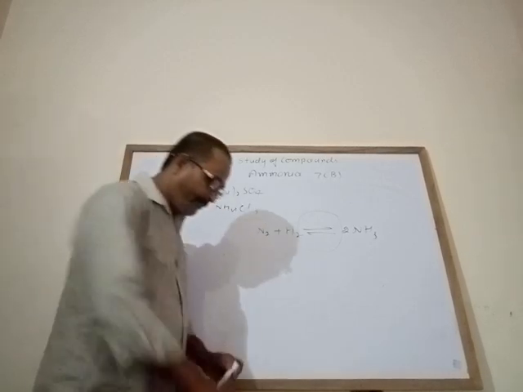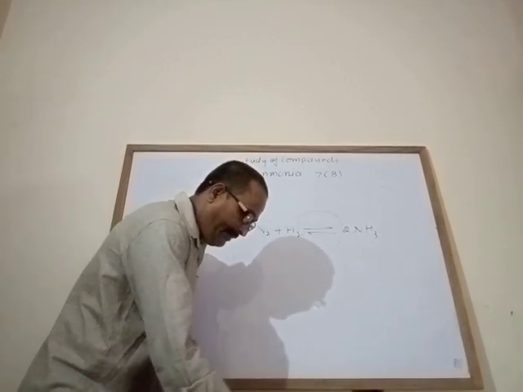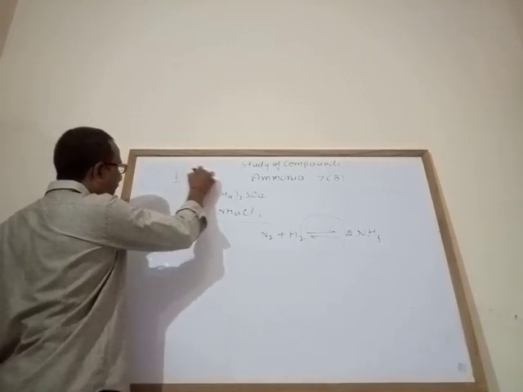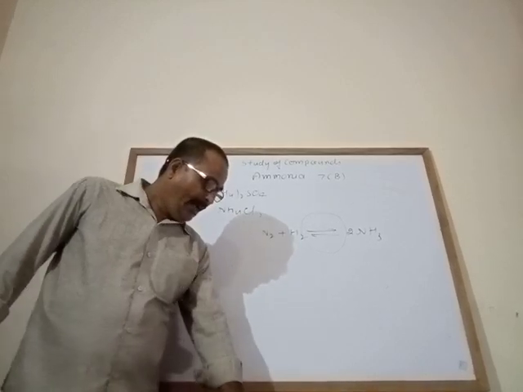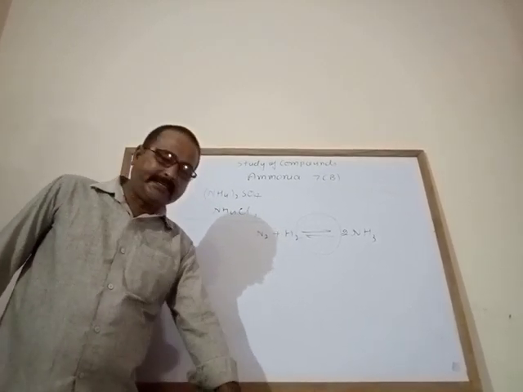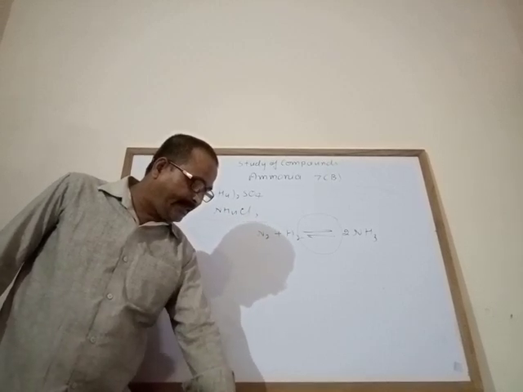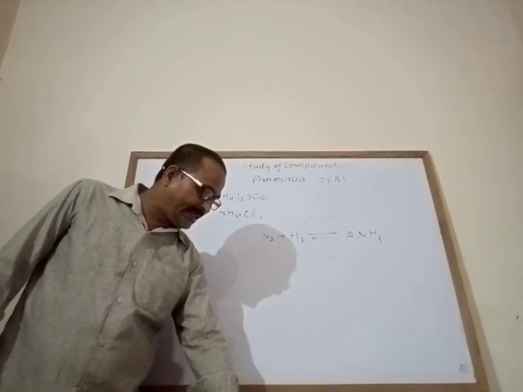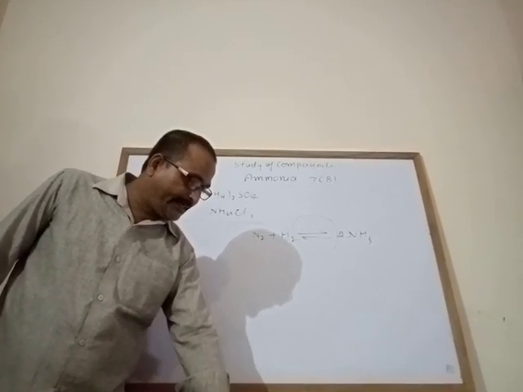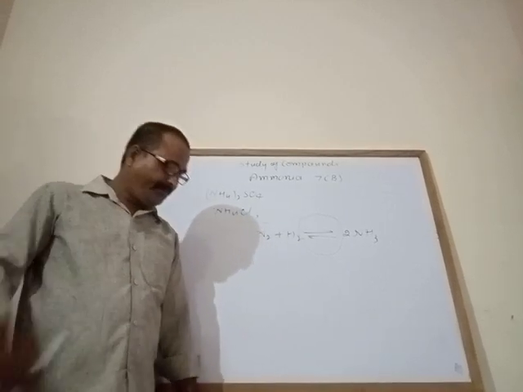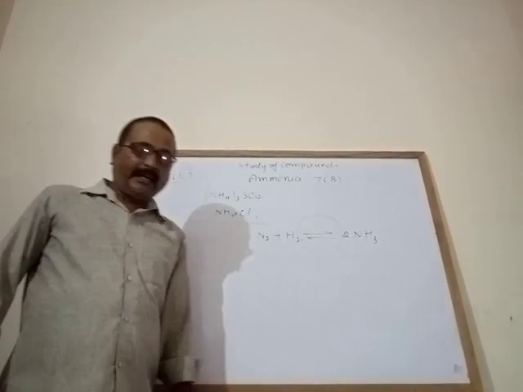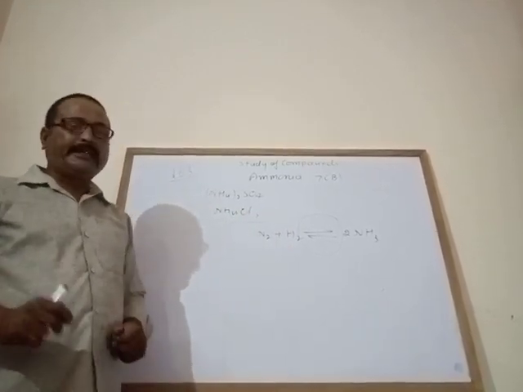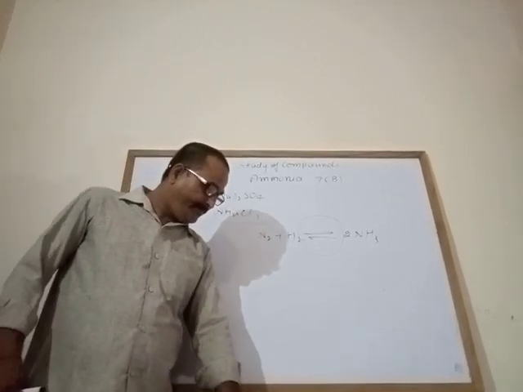First of all, see page number 163, last line given: ammonia in combining state, ammonia occurs in ammonium salts, and ammoniacal liquor obtained by destructive distillation of coal are two important sources of ammonia. Remember that ammonium salt and ammoniacal liquor, this is obtained by destructive distillation of coal.